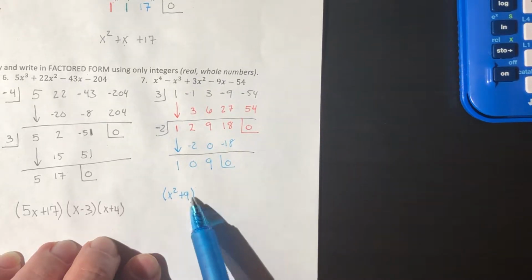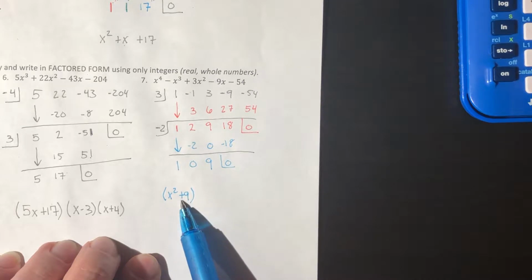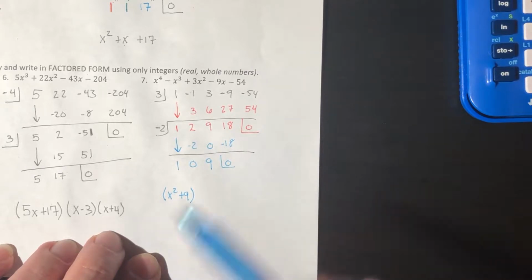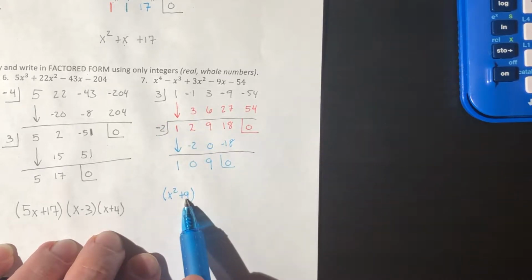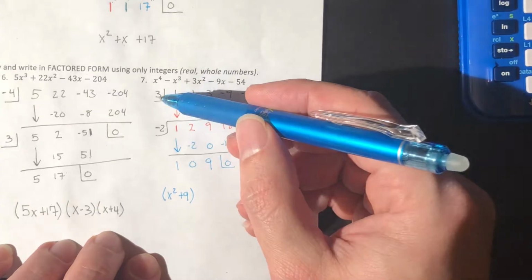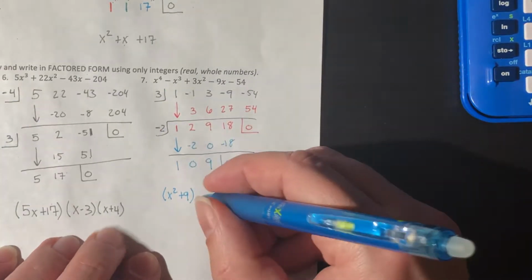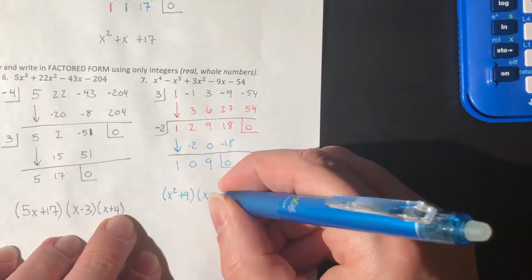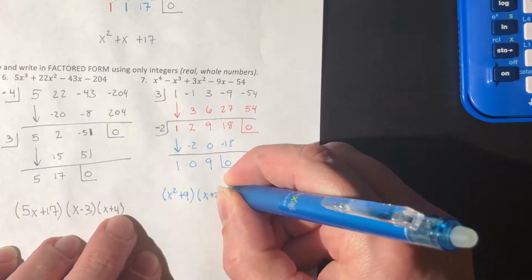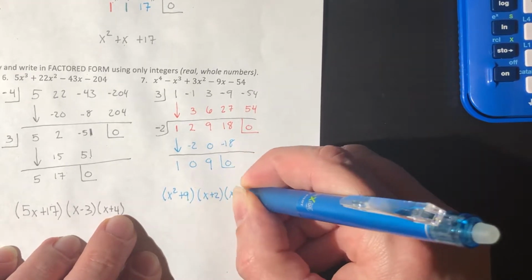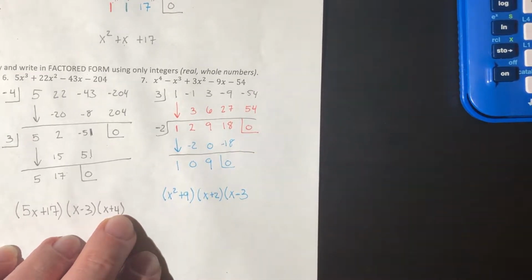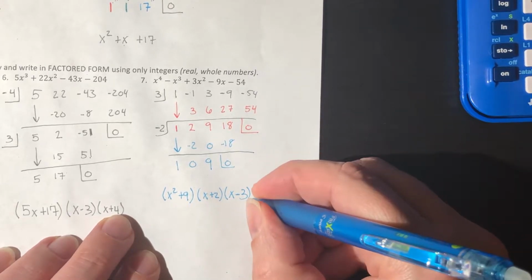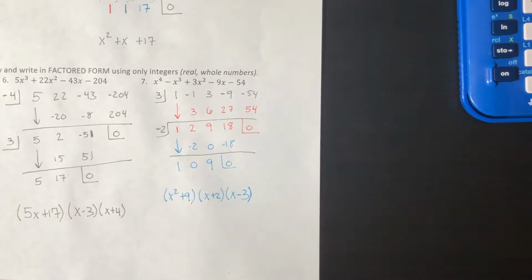While both of these are squares, this is a sum of squares, and that does not factor out. So I've got x squared plus 9, but I also need to include these other factors. So I have x plus 2 and x minus 3. Close that parenthesis off.